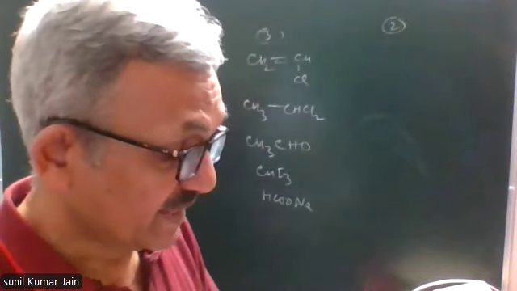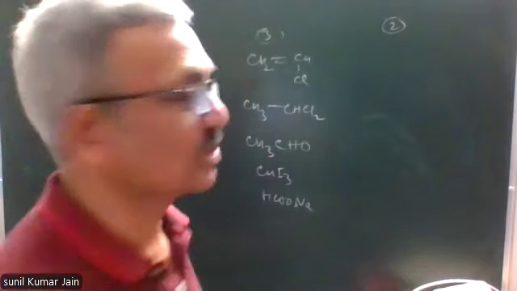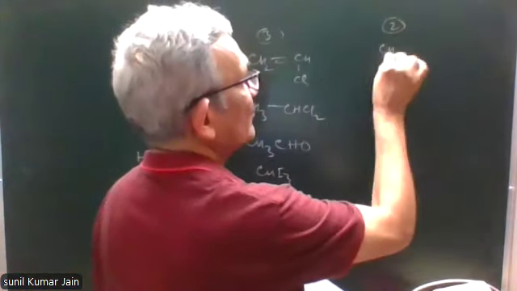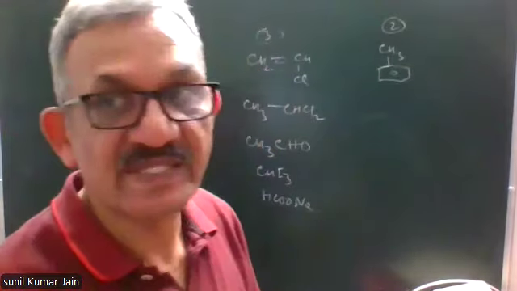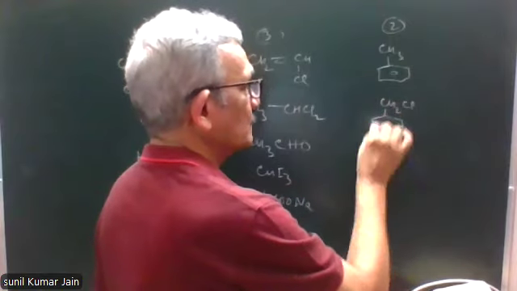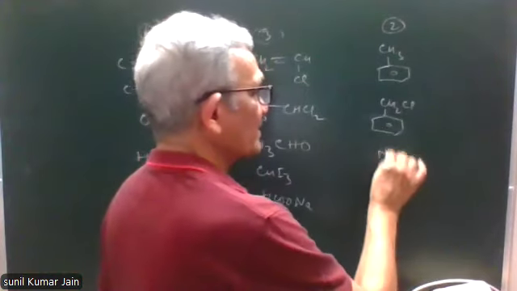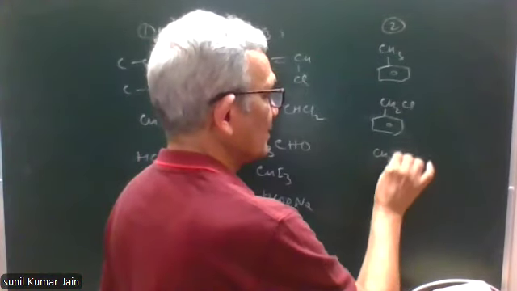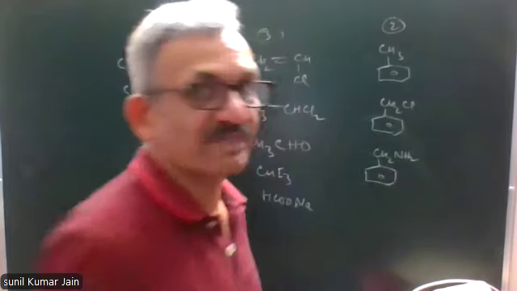I'm taking up that. Benzene plus chloromethane, aluminum chloride. This is Friedel-Crafts alkylation, gives toluene. Toluene with chlorine, sunlight gives benzyl chloride. Benzyl chloride with ammonia gives benzylamine.